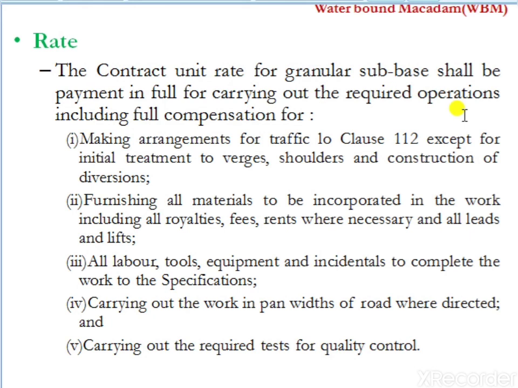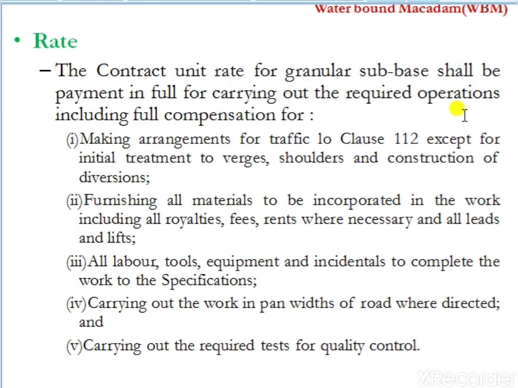If he has taken any material on rent for the construction, then the rent of that material will be paid, and the complete labor charges, the charges for equipment, tools and any other things will be paid. The arrangement the contractor makes for the flow of traffic, the expenditure involved in the construction of an alternate way or diversion, is also paid by the agency.